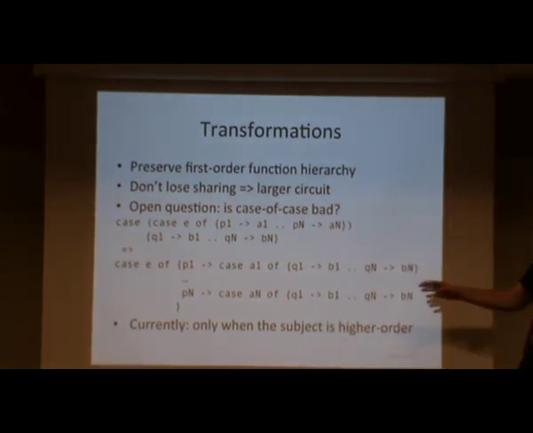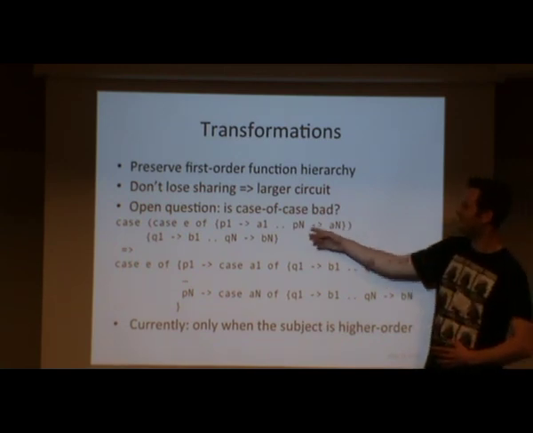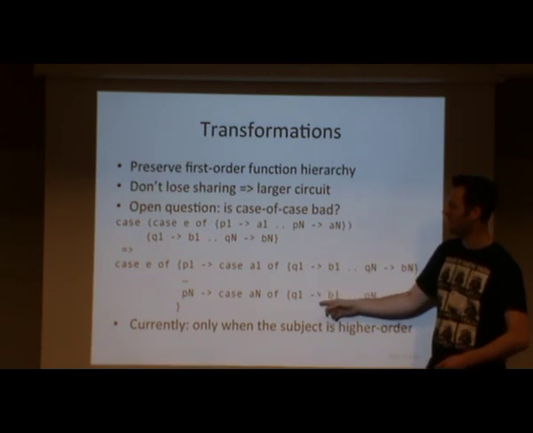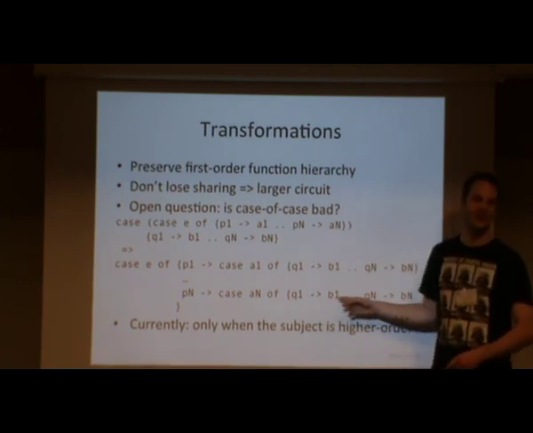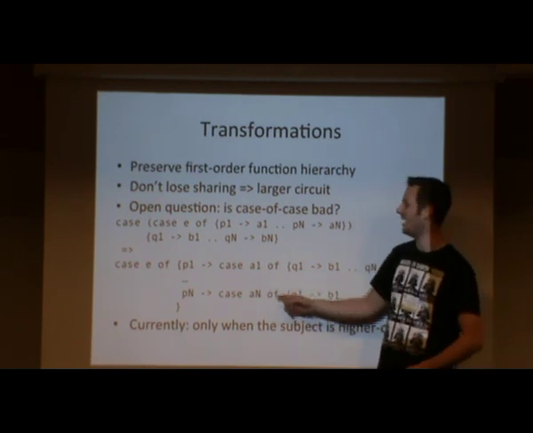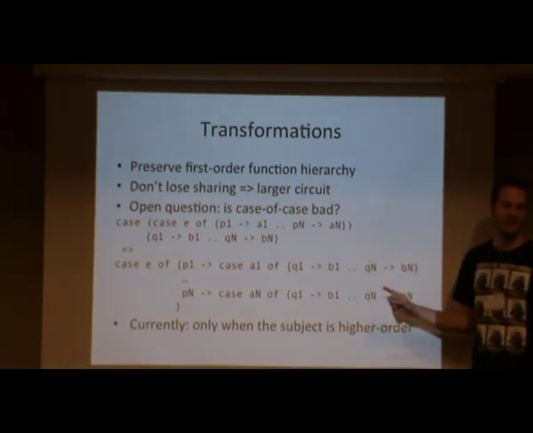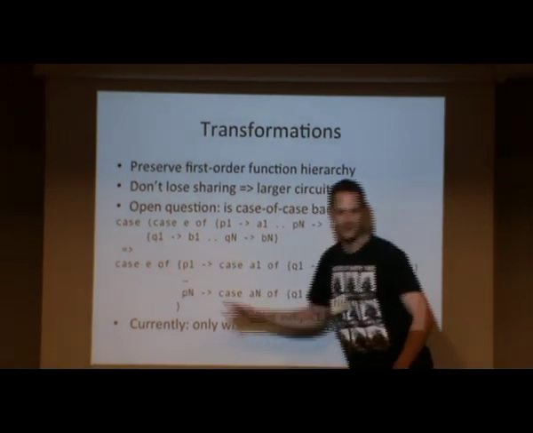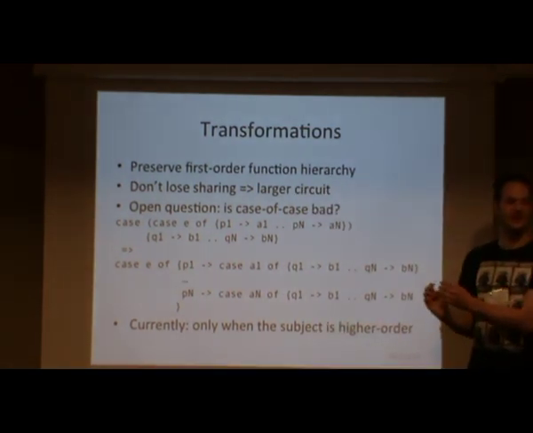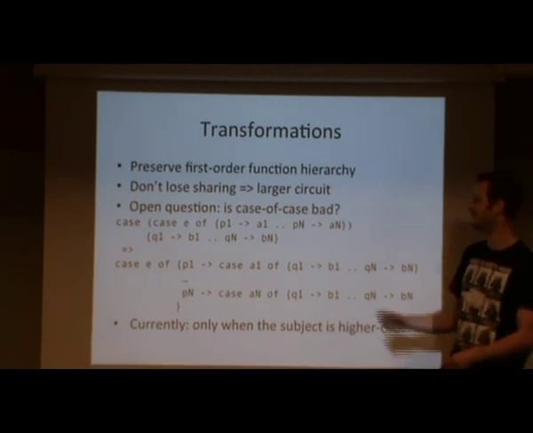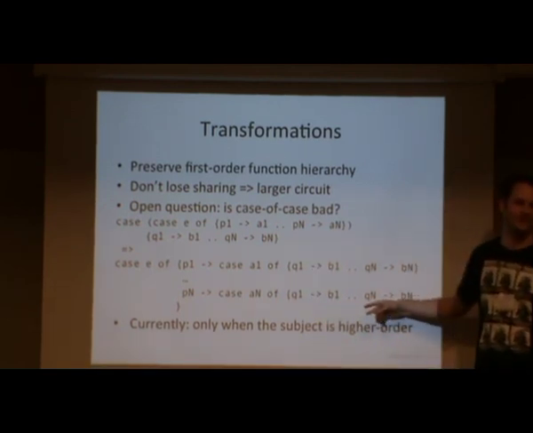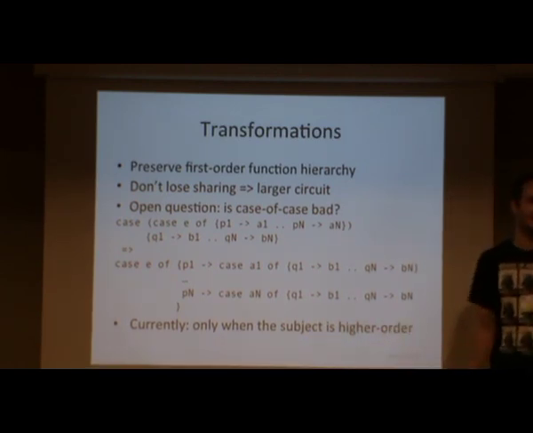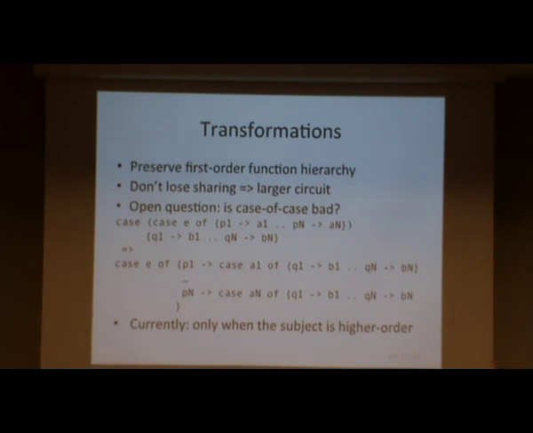Here I have the subject, which is in higher order form, and I transform it to this, but usually the stuff gets amortized away. So probably what's going to happen is I'll only have one alternative ultimately, because this E will be a constructor with a function inside of it, but it's a known constructor. So after this, I can probably do a case of known constructor, and get rid of most of the alternatives, and then it has become cheap again.